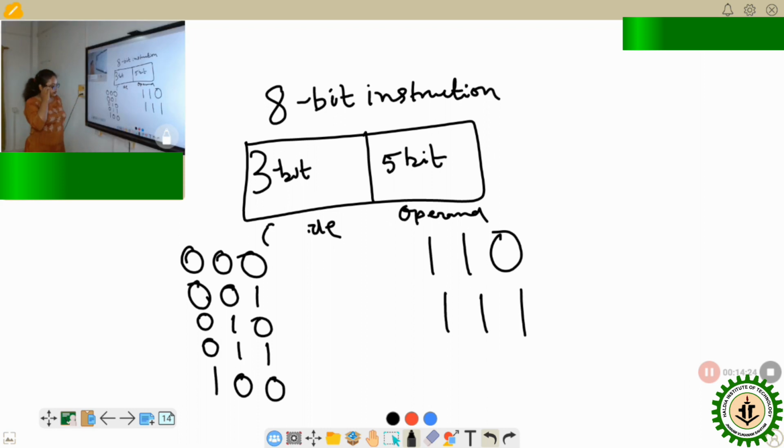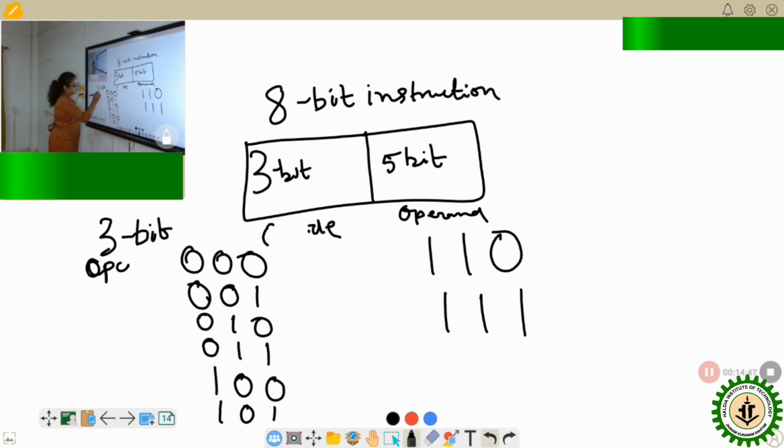So how many combinations are we getting? 8 combinations from the 3-bit opcode.